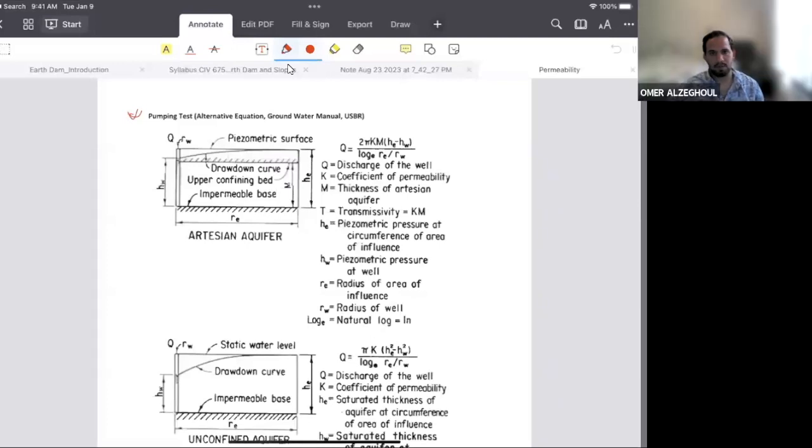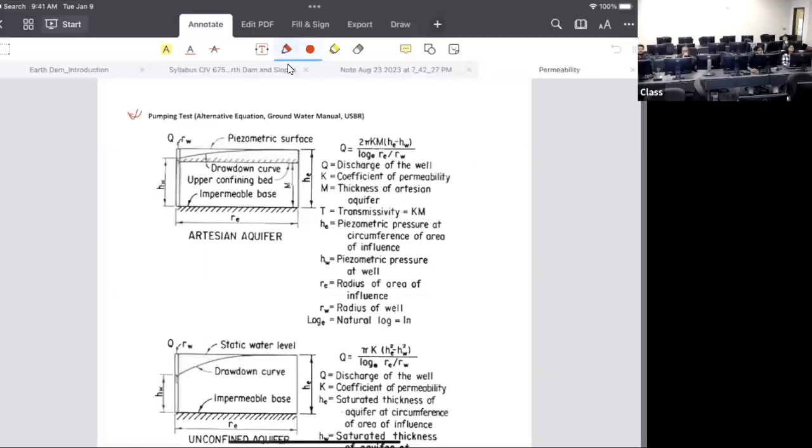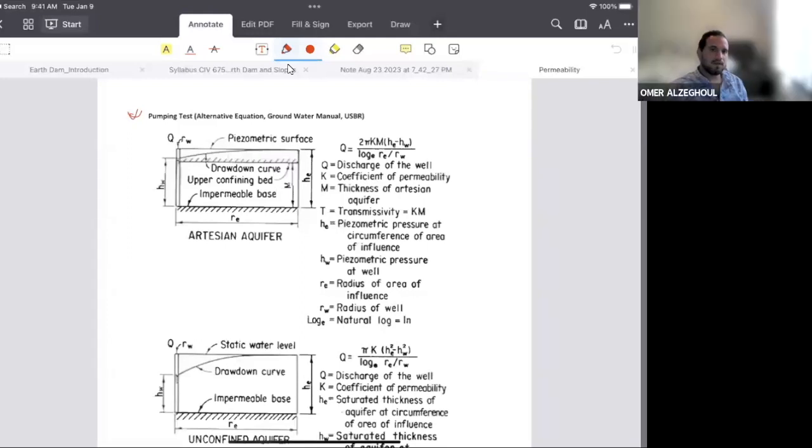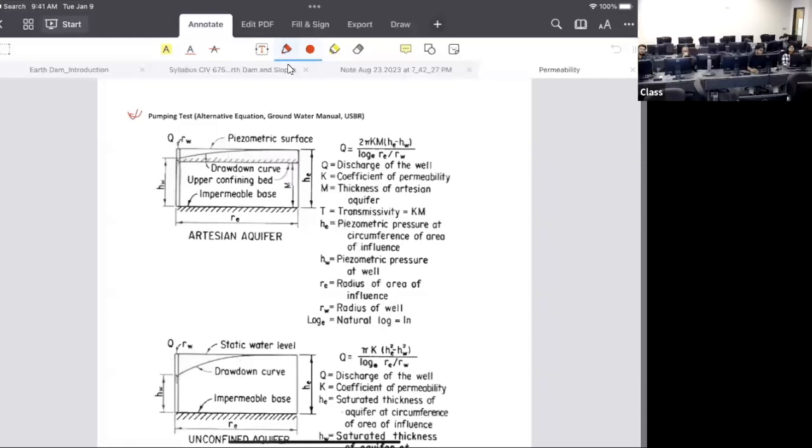Lower. Lower, higher. More surface area means more permeable. No, because the water will just take some time to come. That's the permeability, yeah, it will be lower.